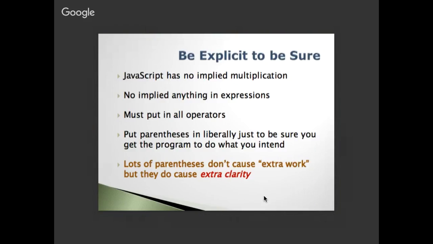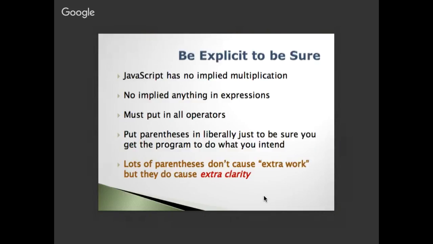So be explicit. And this is what I talked about earlier. Remember how I told you how JavaScript lets you do anything you want to do, pretty much? But the one thing we don't want to do is cause more work for ourselves. And sometimes as a programmer, you can do that by being lazy in your coding.